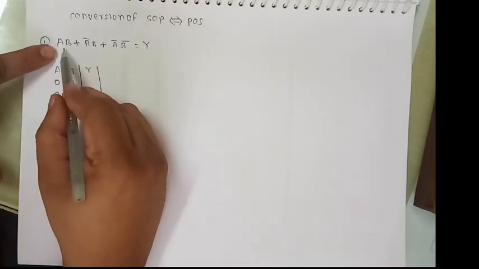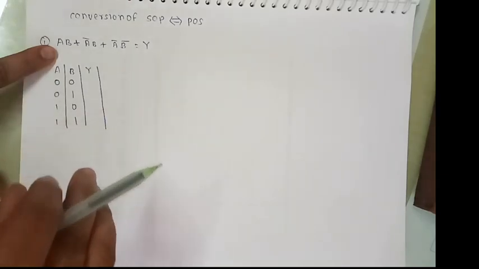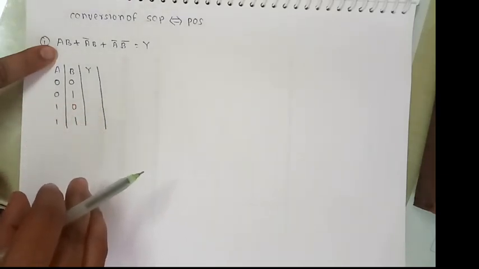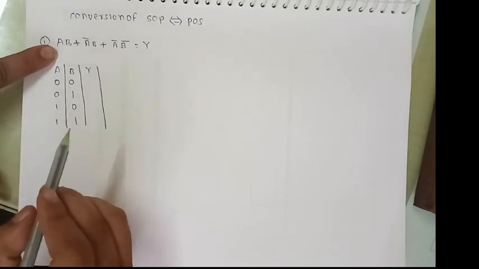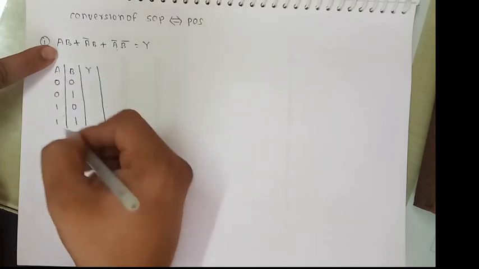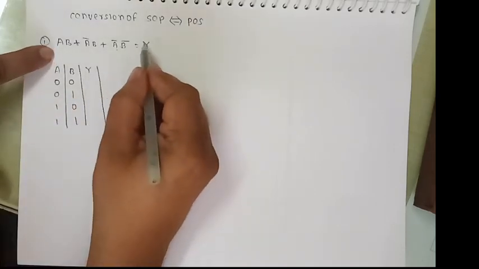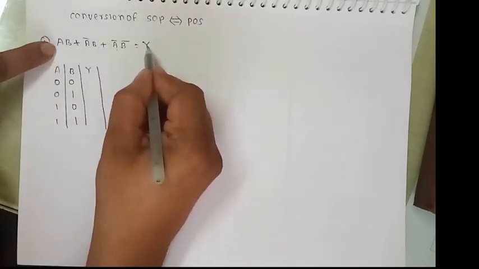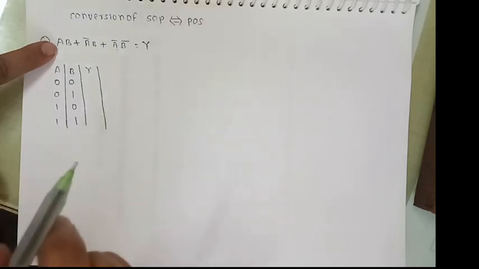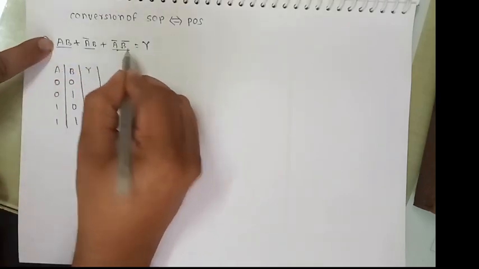Looking at this equation, we follow the reverse stages of what we saw when drawing the equation from a given truth table. In the last session we saw how to draw the equation from the table; now I am drawing the truth table from the given equation. Output Y is equal to 1 only for AB, A bar B and A bar B bar.